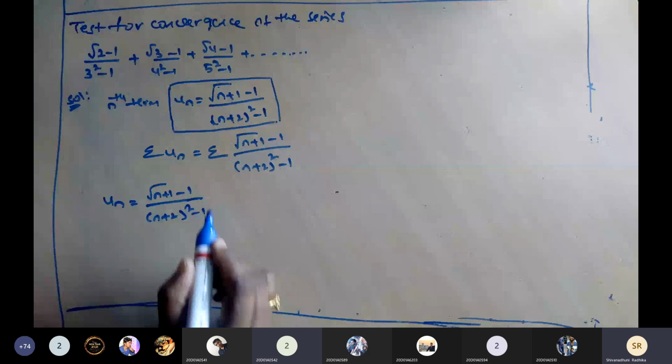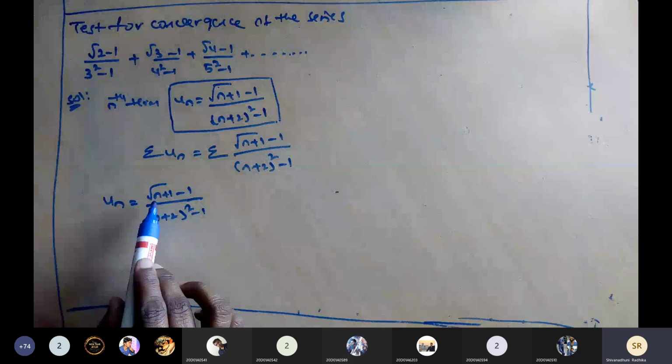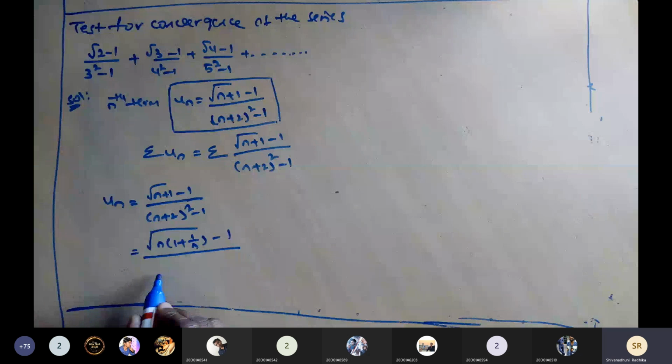For that purpose, in the numerator and denominator, we have to take the highest power of n common. In the numerator, we simplify: under root of n common, 1 plus 1 by n, minus 1 only. In the denominator, n common, so n into 1 plus 2 by n whole square minus 1.